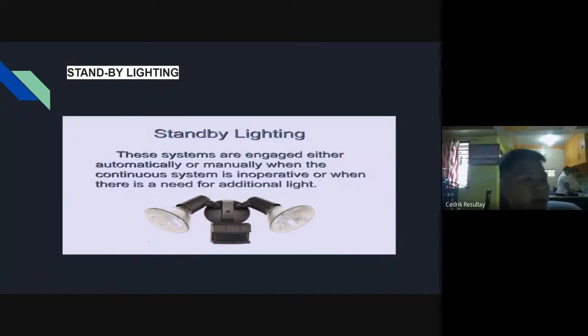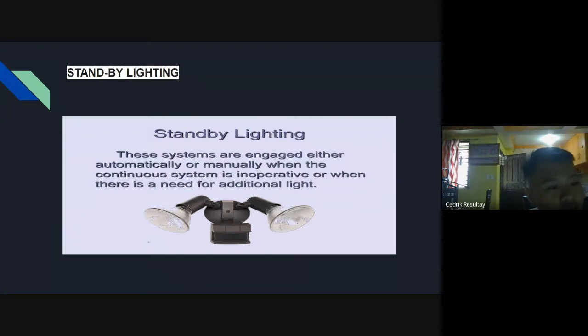Standby lighting. These systems are engaged either automatically or manually when the continuous system is inoperative or when there is a need for additional light. So dito, ginagamit ang standby lighting sa mga madilim na part.